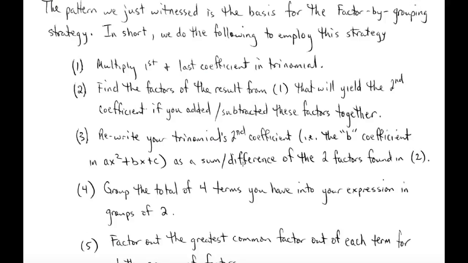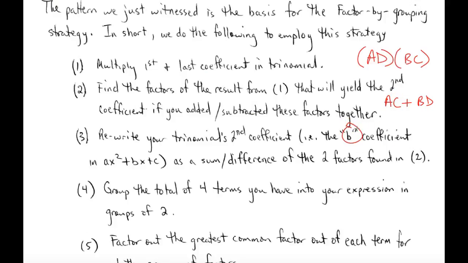Okay, so what I'm talking about here is if we know that we have AD times BC, then we want to figure out, all right, well, what are we going to have to split this up into so that if we have, let's see, AC plus BD, that ends up giving us the number that's in the middle, or that coefficient B there.